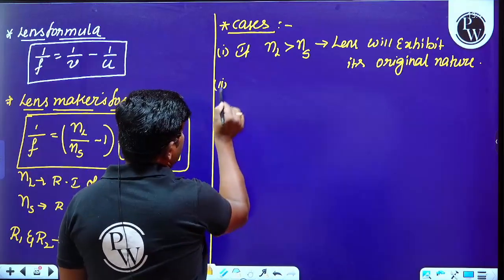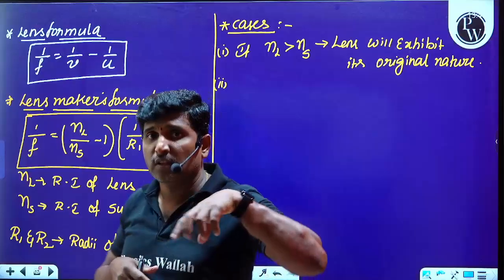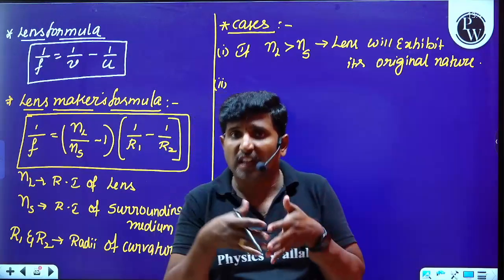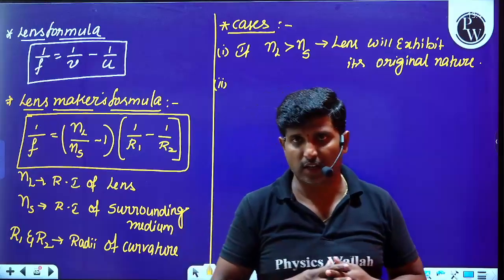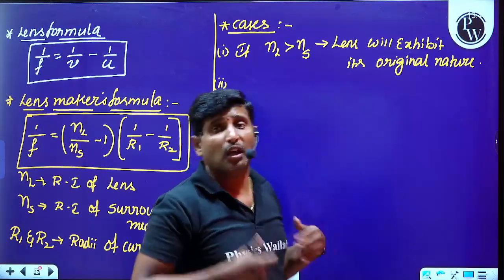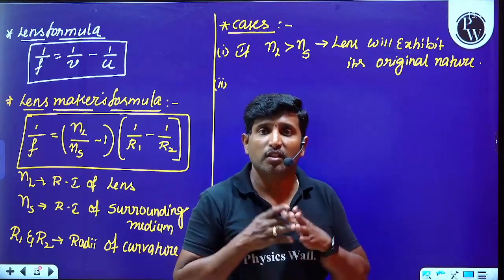What is the original nature? Suppose I consider the convex lens in any other medium, the convex lens will always converge the light. That is, it shows converging behavior. Suppose I consider the concave lens, usually the original nature of the concave lens is diverging.